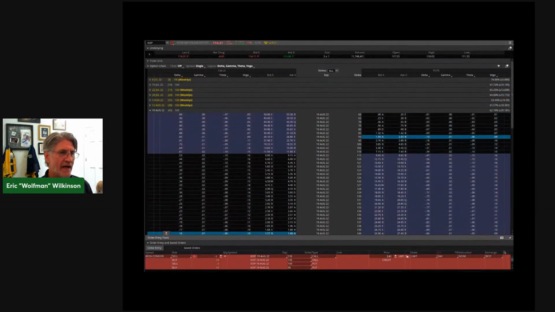We could take a look at XOP with different strike locations here. This one, I got a little bit more aggressive, went into that 25 delta, right? Close to that 25 delta, selling the 100s. So I'm basically selling the 100 puts, buying the 90s.